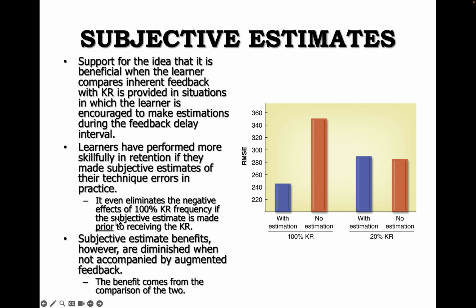In fact, if we have our students or athletes estimate how well they did after every trial, and then we give them actual feedback after every trial, this eliminates the detrimental learning effects of being given feedback after every trial.